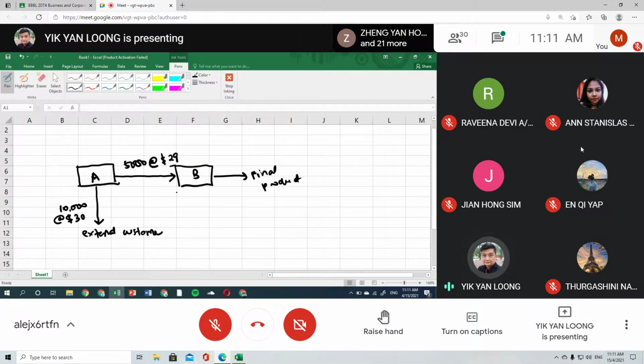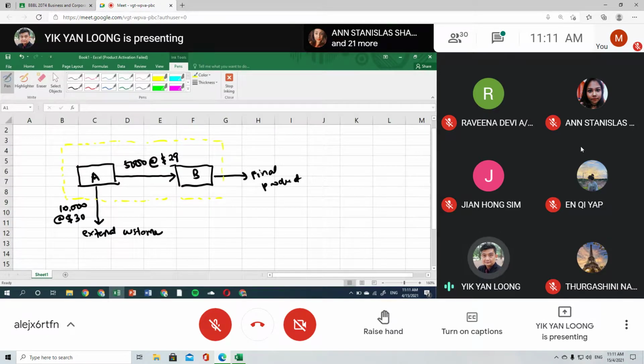Now, what you need to do here is prepare a profit statement. We will start with the profit statement assuming that A and B is a single entity.